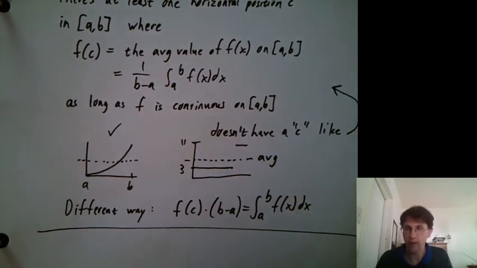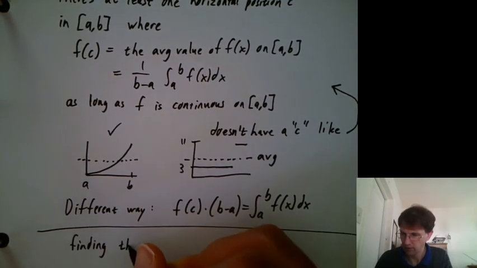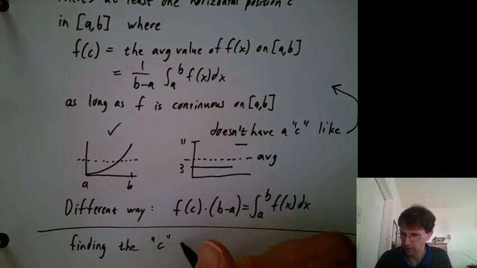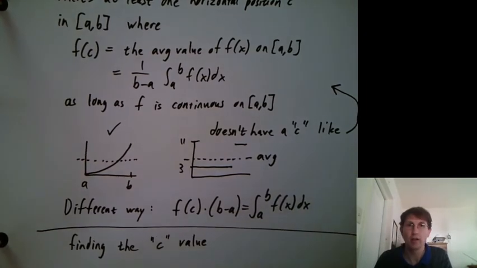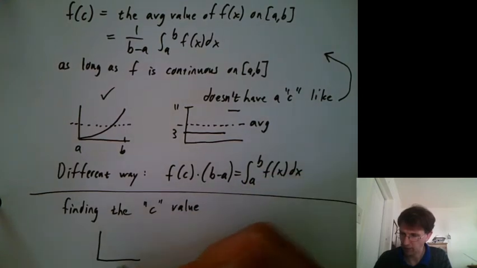Let's talk about finding the c value. Let's use an example we had before. We had x squared from 0 to 1.